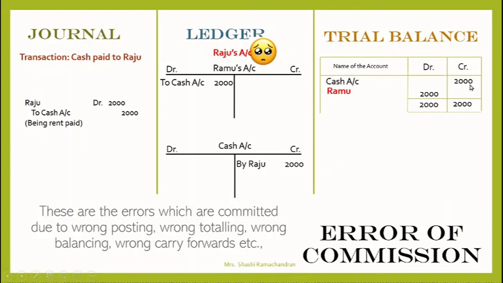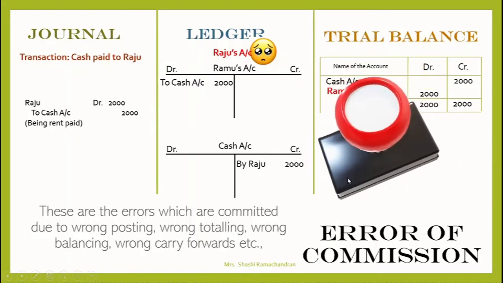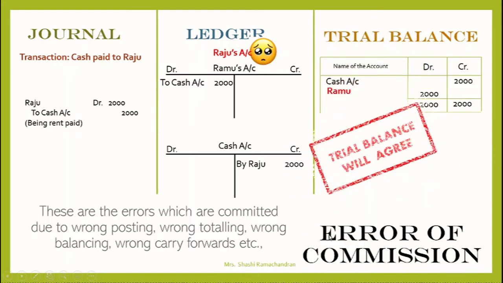The debit and credit sides are posted correctly, but only the account name is different. The purpose of the trial balance is to see whether it tallies or not. Yes, it tallies, but there is an error that occurred while posting. So the trial balance will agree, and again such types of errors cannot be located with the help of the trial balance.